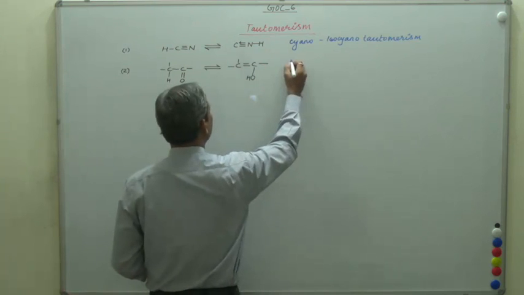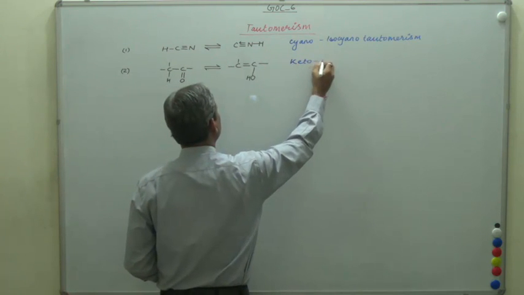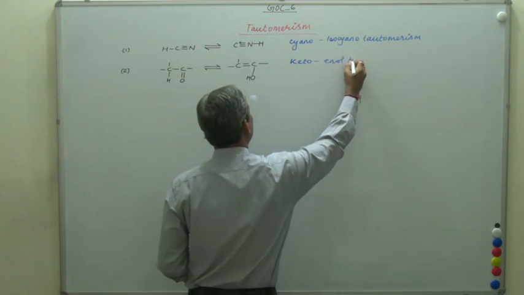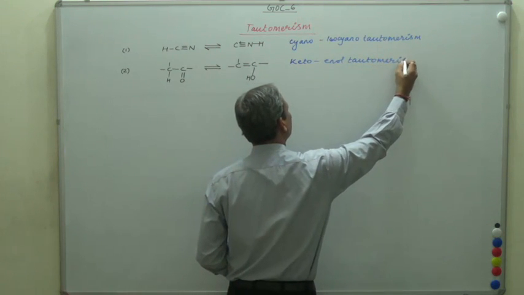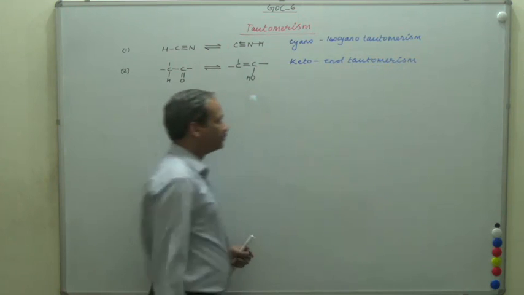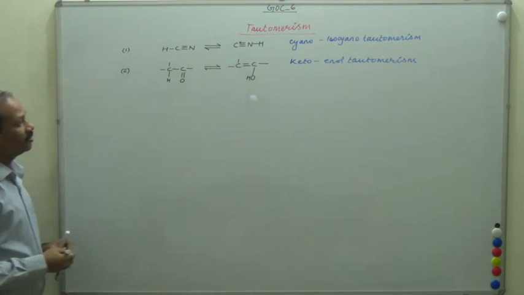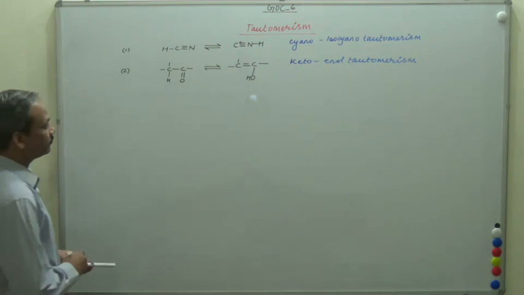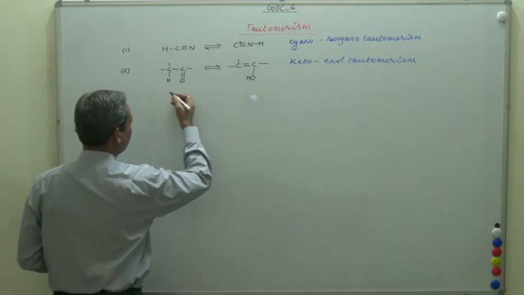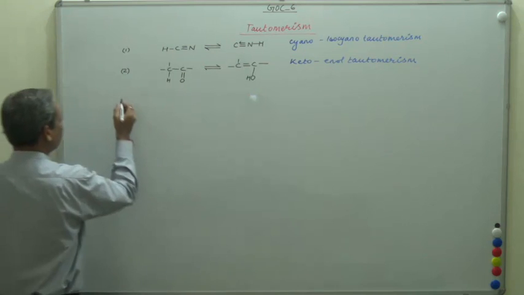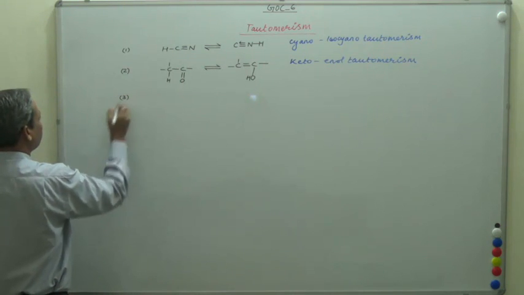So this is called as Keto Enol tautomerism. This is the keto form having ketonic functional group, and this is enolic form having enolic functional group.